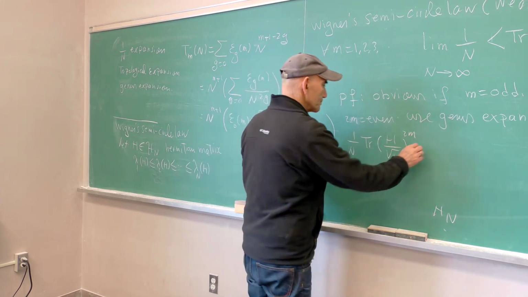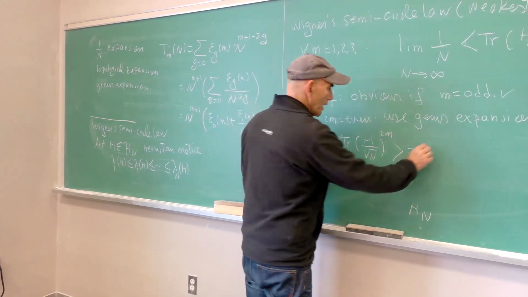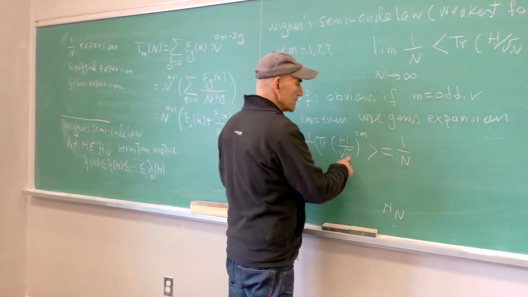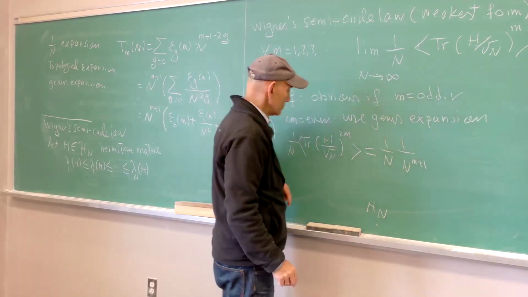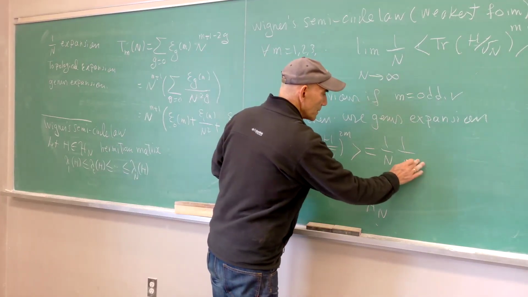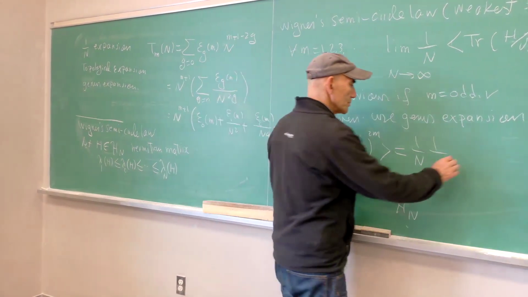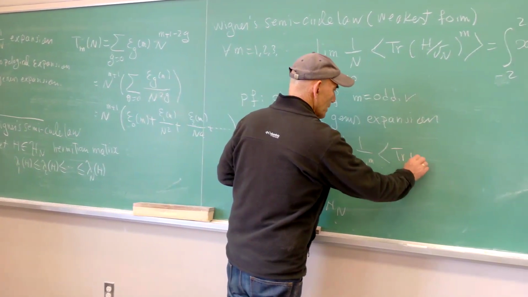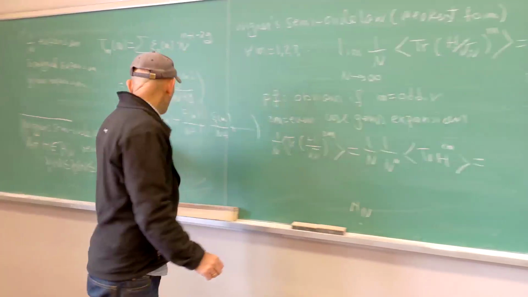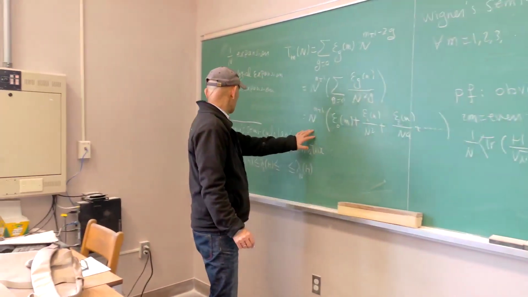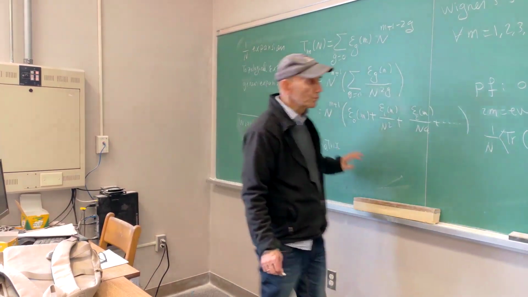Now this expectation value, first of all, becomes 1 over n, and this gives me 1 over n to the power m. And then the expectation of trace of H^(2m) itself. And now I know this is given by the expression we want to prove.